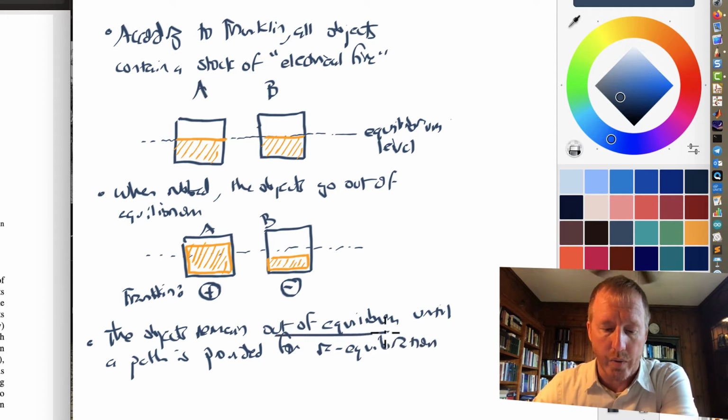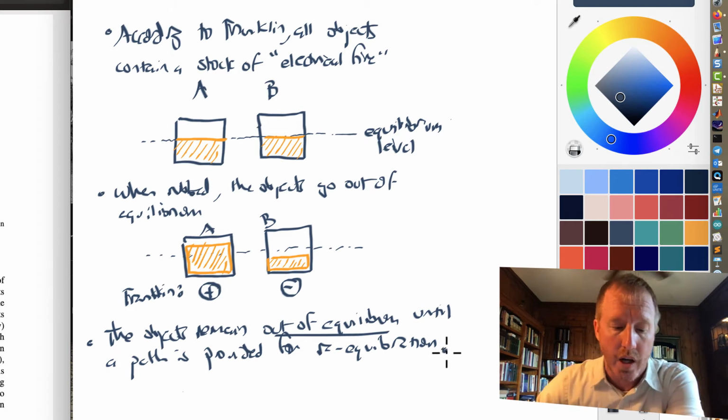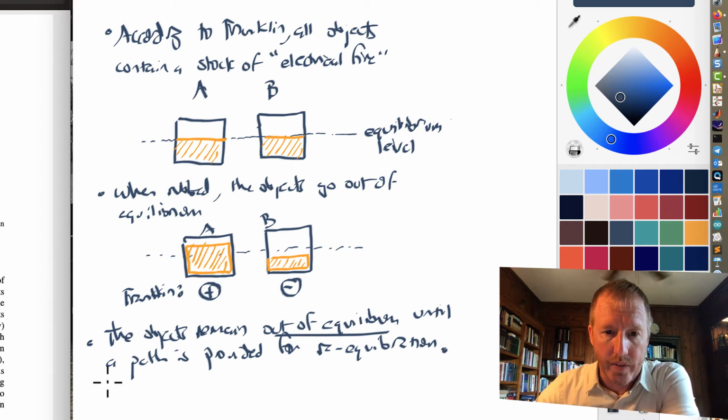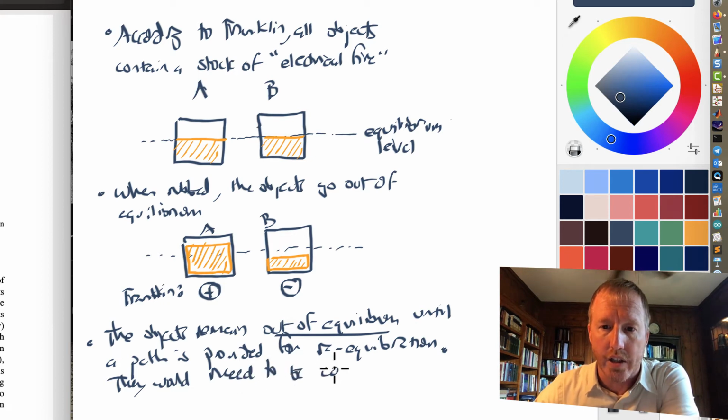So they're out of equilibrium until then. So they would need to be conducted, we would say, by a conducting material. They need to be connected by a conducting material.